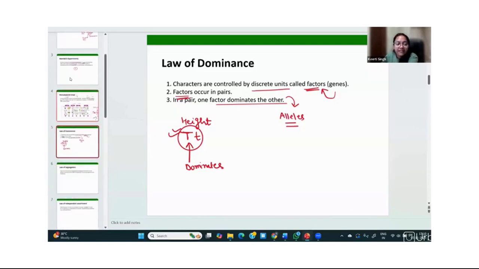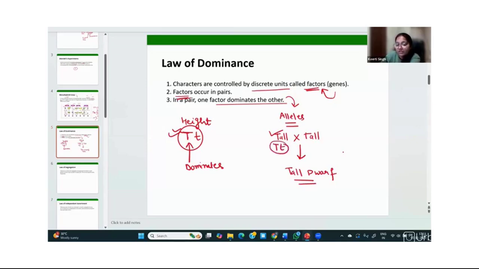So what was happening when the cross he performed between tall plants ultimately led to the formation of tall and dwarf plants in the F2 generation? This happens because these tall plants were not homozygous. The genotypic constituent of this tall plant was not homozygous. It means it must be present in a heterozygous form.